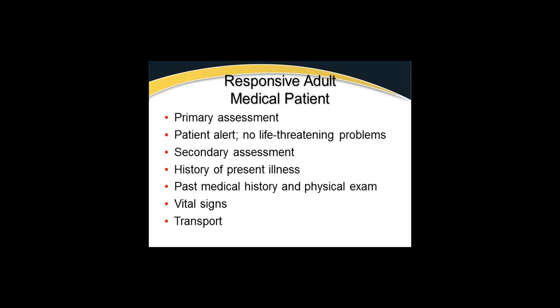In many cases, we walk in the room, we're talking to the patient, they appear to be in no acute distress, and we know that everything in their primary assessment is, at least to start, probably going to be okay. If the patient is alert and there's no life-threatening problems, we do a secondary assessment on them. We're going to modify our exam, do a history of their present illness and that past medical history, get the vital signs, and then begin transport.